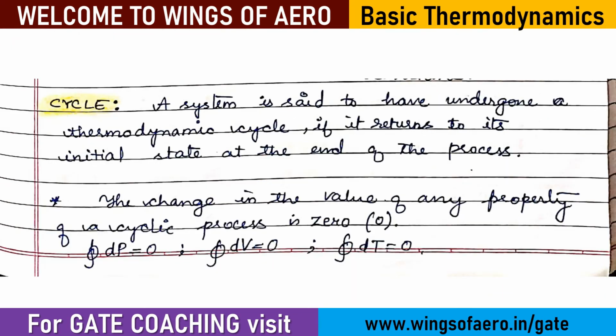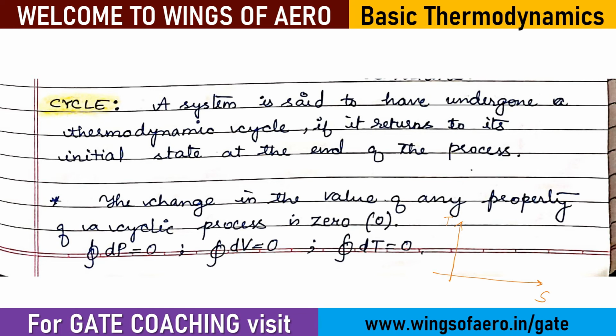Now cycle. What is a cycle? A system is said to have undergone a thermodynamic cycle if it returns to its initial state at the end of the process. Let's consider our gas Brayton cycle. Let's draw the Brayton cycle itself, the T-S diagram.